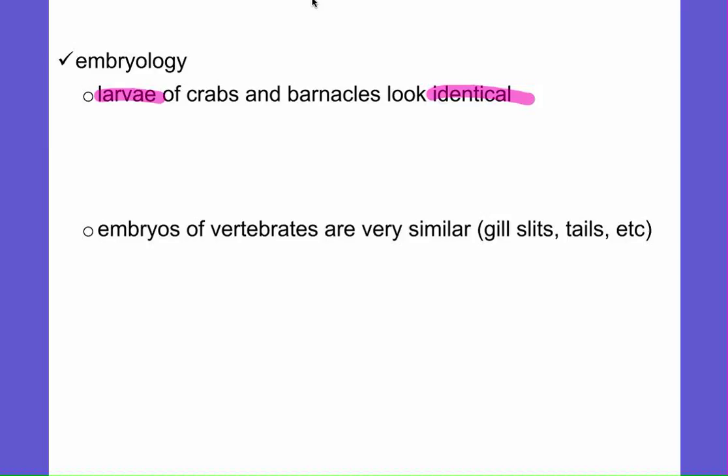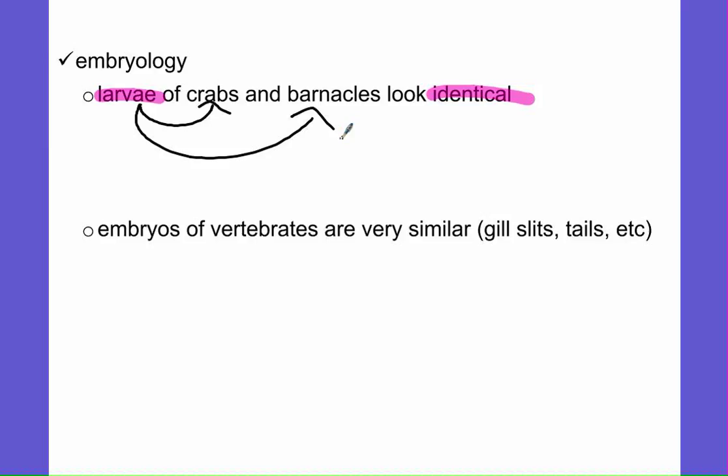So although the larvae are identical, some could be crabs, some could be barnacles, but that actually does tell us something about those two species. Since they are so similar, at least at that stage in their life, there's a pretty good chance that they might be related to each other.